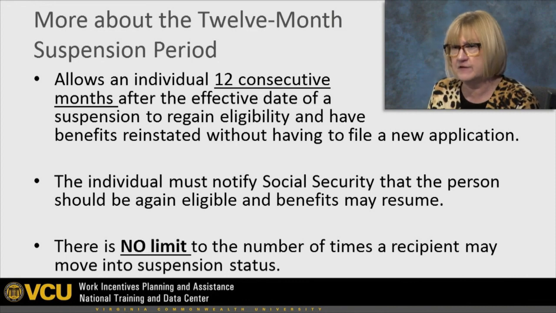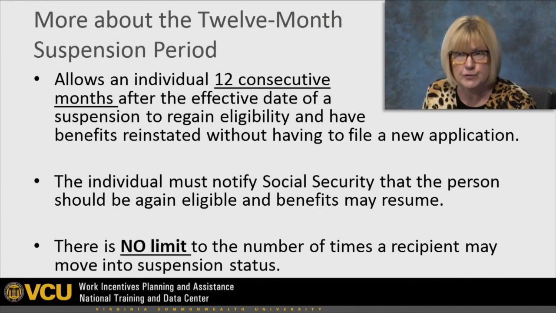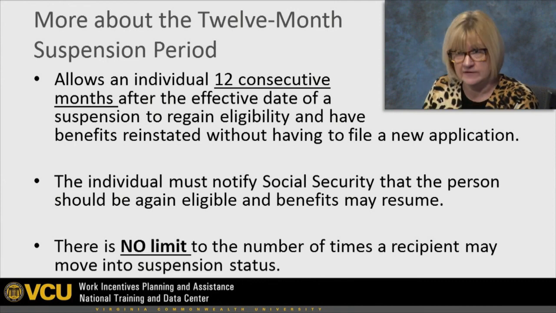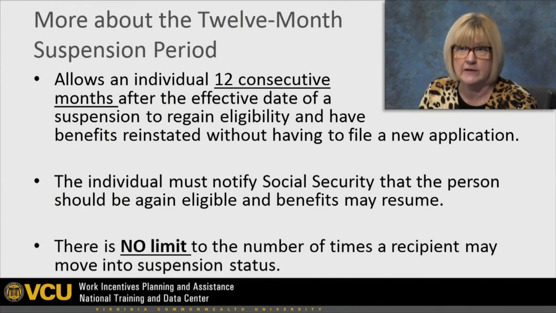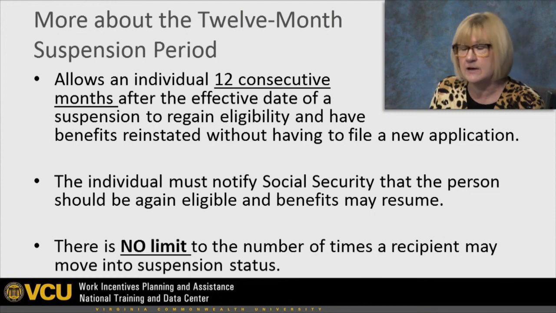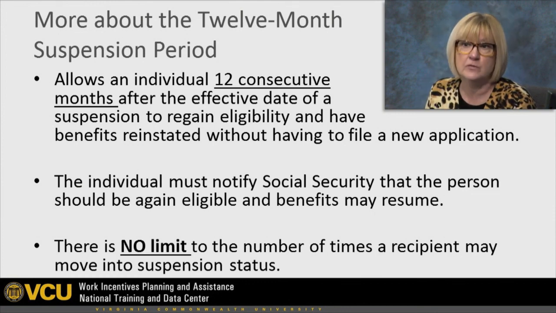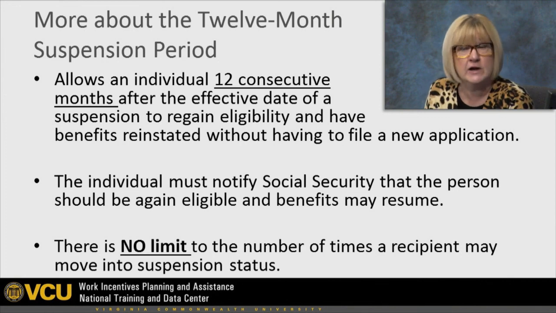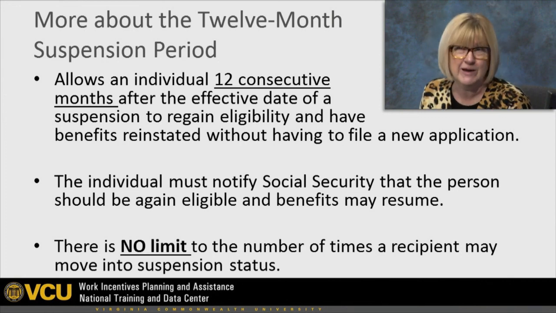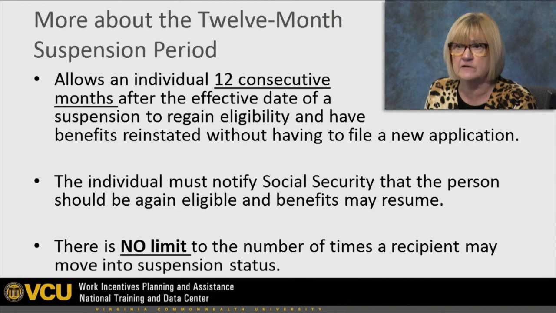This idea that benefits are one time per customer, that isn't true. As long as the individual is disabled, can meet that criterion that we learned about all the way back in lesson 2, and meets the income and resource restrictions, then benefits can start again. It's just that you would have to reapply, and that can be a lengthy process.